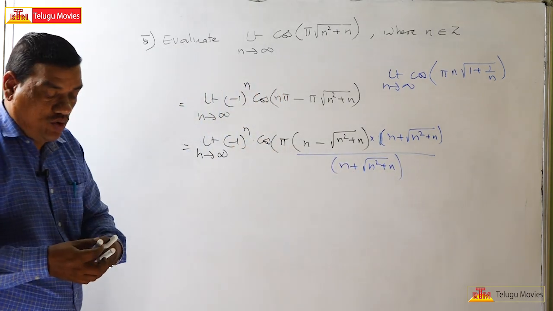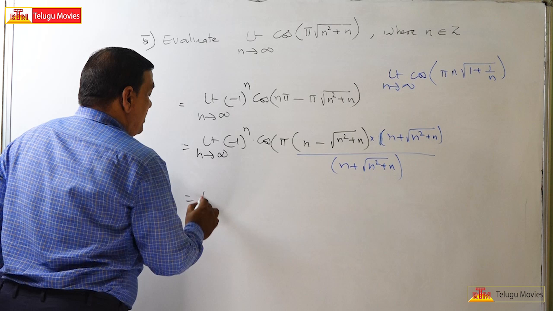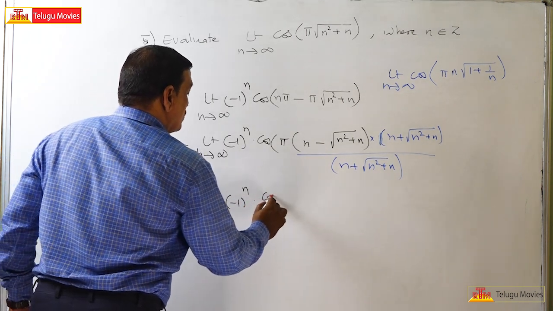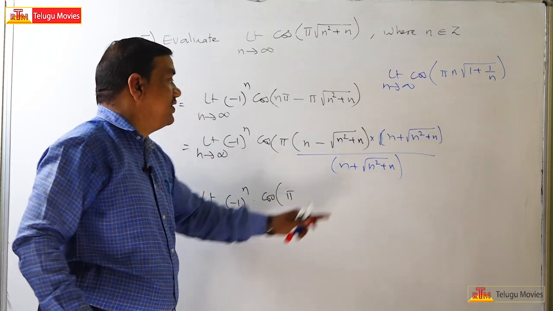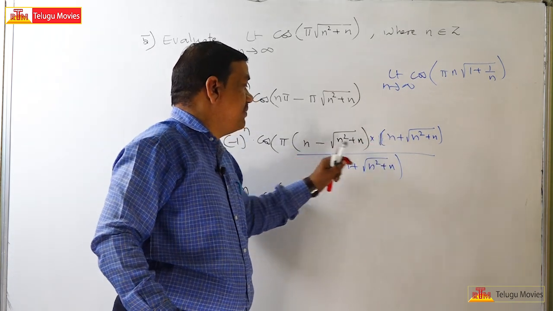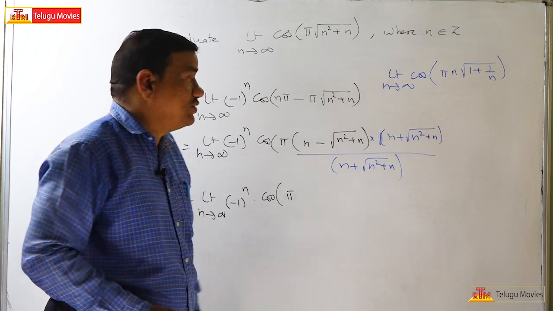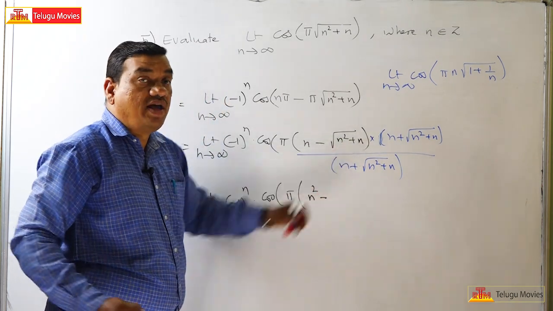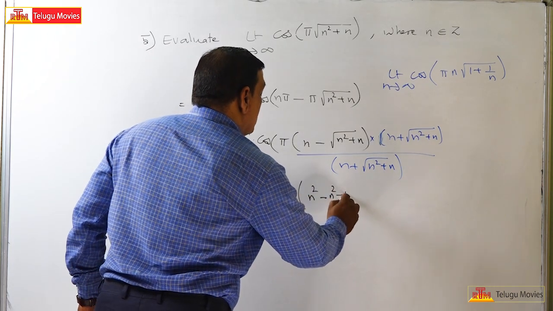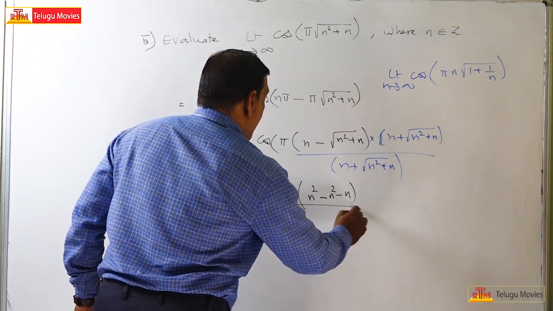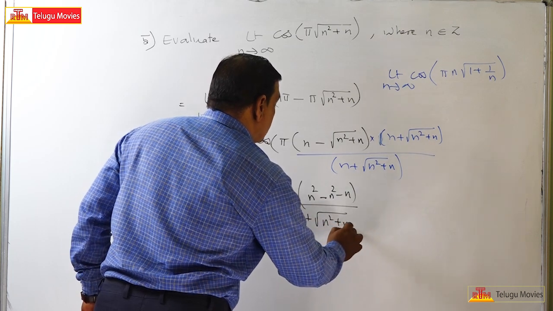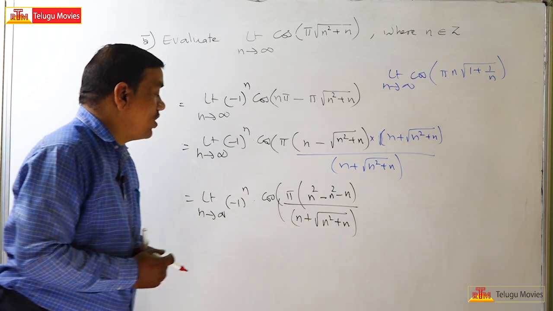So this is equal to limit n tends to infinity minus 1 whole power n cos of pi into, so here a plus b into a minus b, a square minus b square. So this is equal to n square minus n square minus n divided by n plus root of n square plus n.